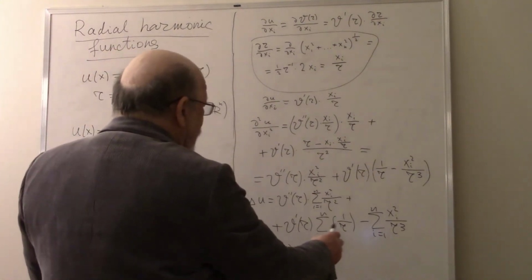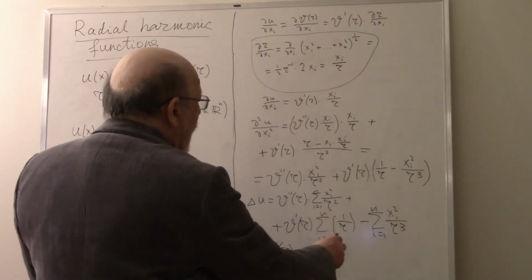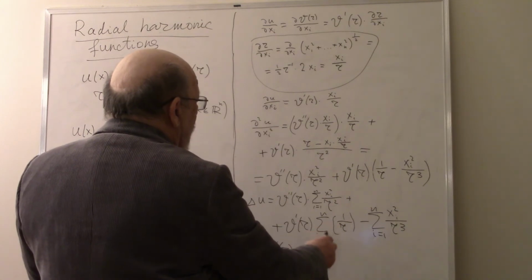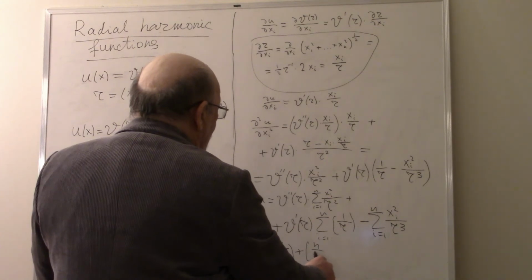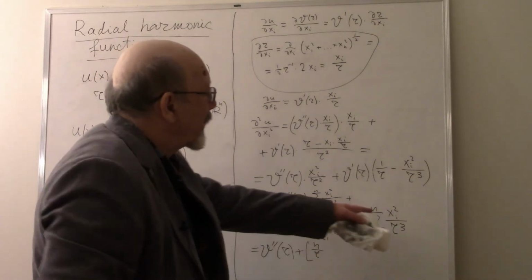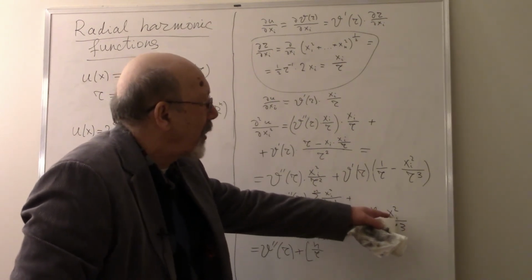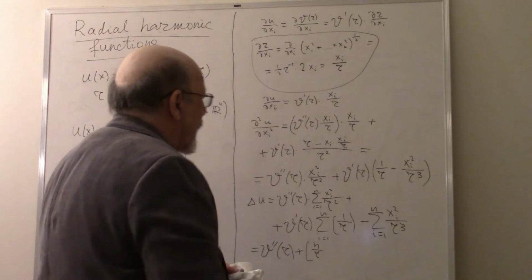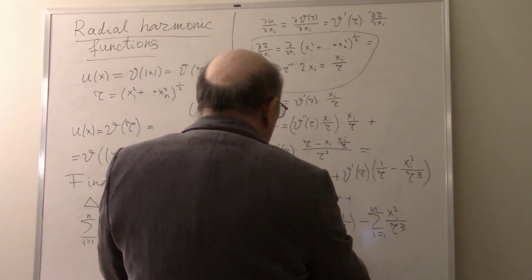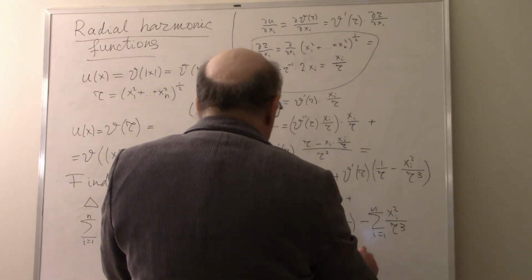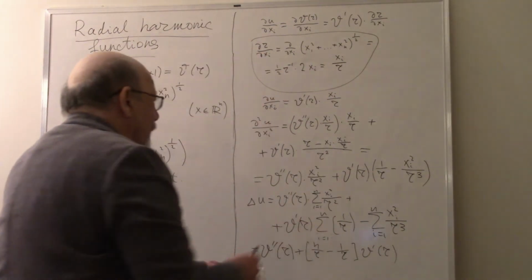And here, the sum of 1 over r from i from 1 to n is n divided by r. The sum of xi square is r square, so it is r square divided by r cube, which remains 1 over r. So minus 1 over r times v prime of r. Yes, this.